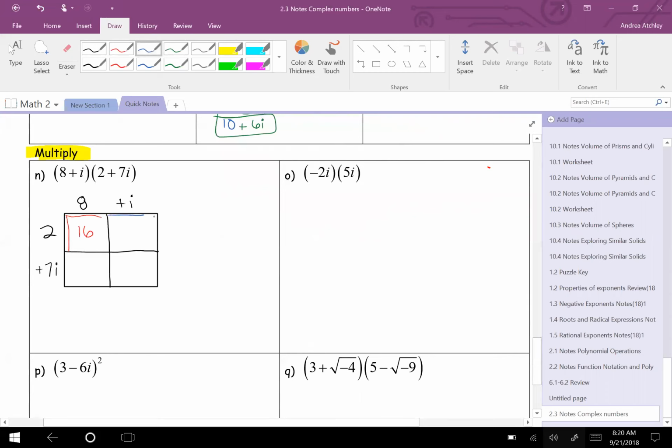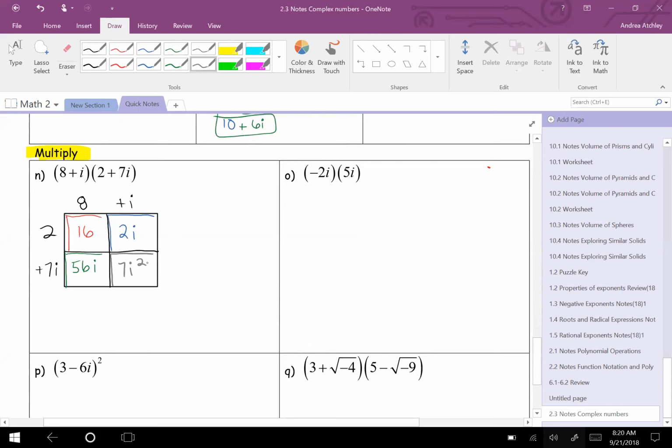Then i times this length of 2 is 2i. Then 8 and 7 is 56i's. And then finally, i times 7i is 7i squared.